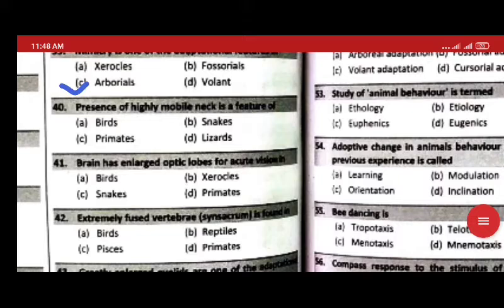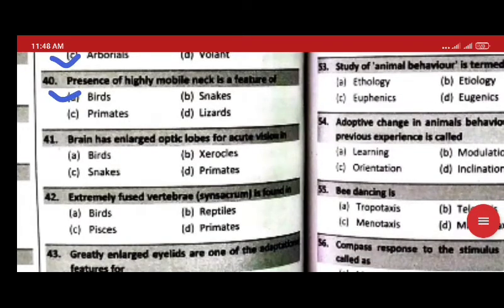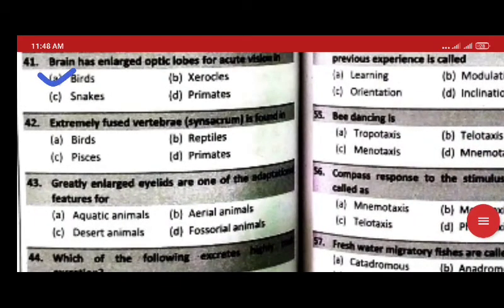Now 40. Presence of highly mobile neck is feature of... So highly mobile neck is feature of bird. So that is option A is right. Now brain has enlarged optic lobe. So for optic lobe, bird is right option. Now 42. Extremely fused vertebrae.